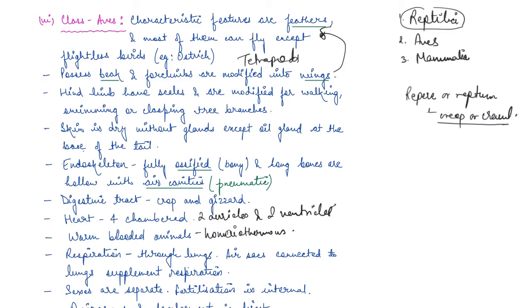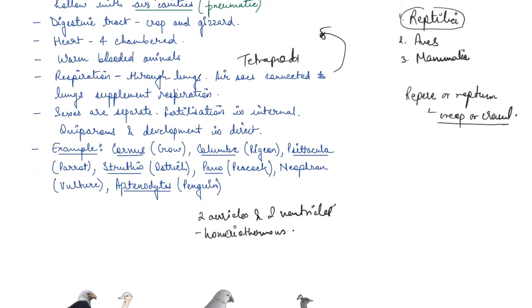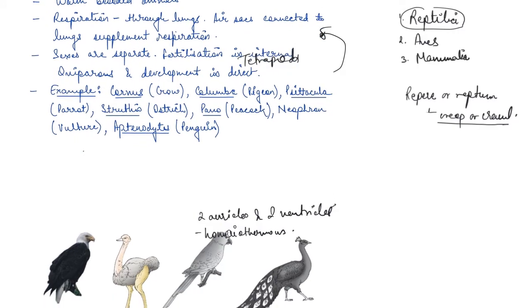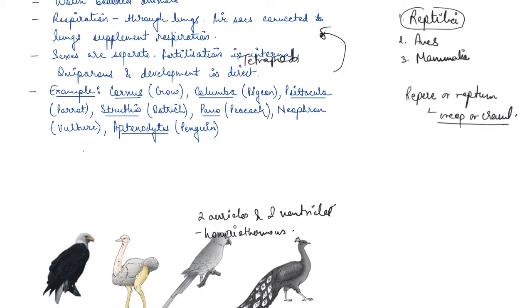Okay. Now respiration is through lungs. So they have lungs as the respiratory organ, and air sacs connected to the lungs supplement respiration. Okay. So they have air sacs to supplement respiration.